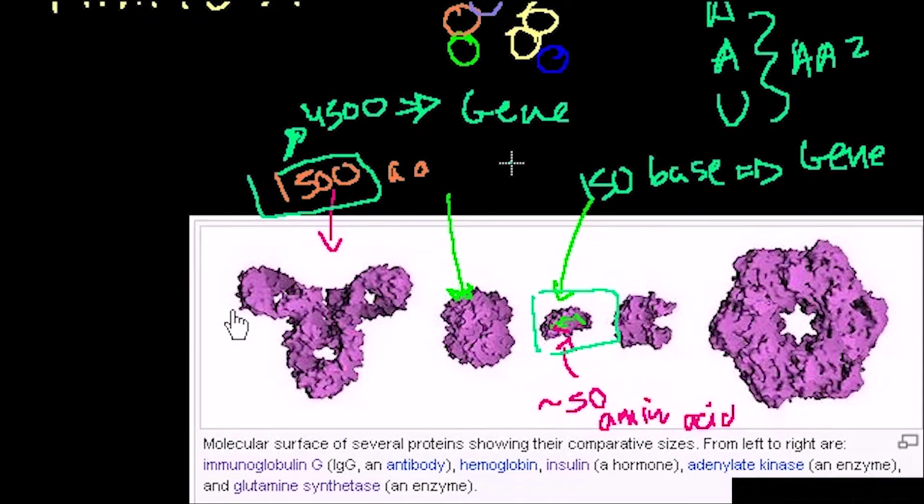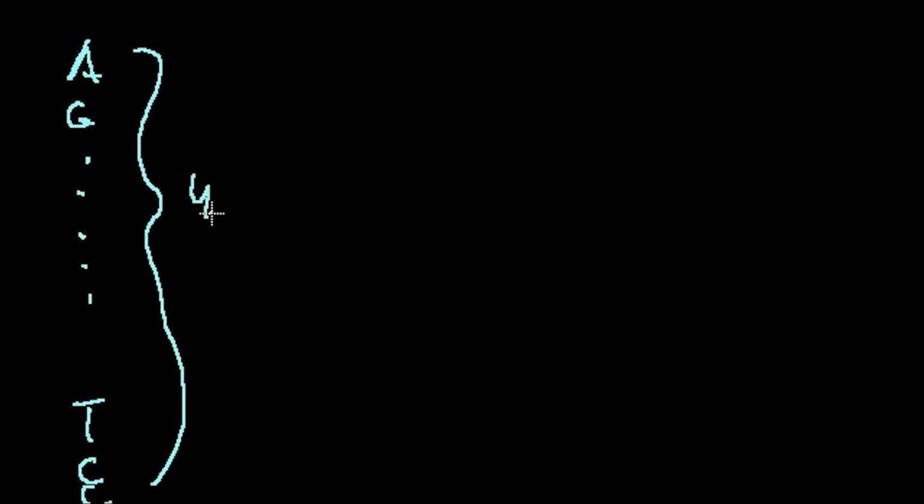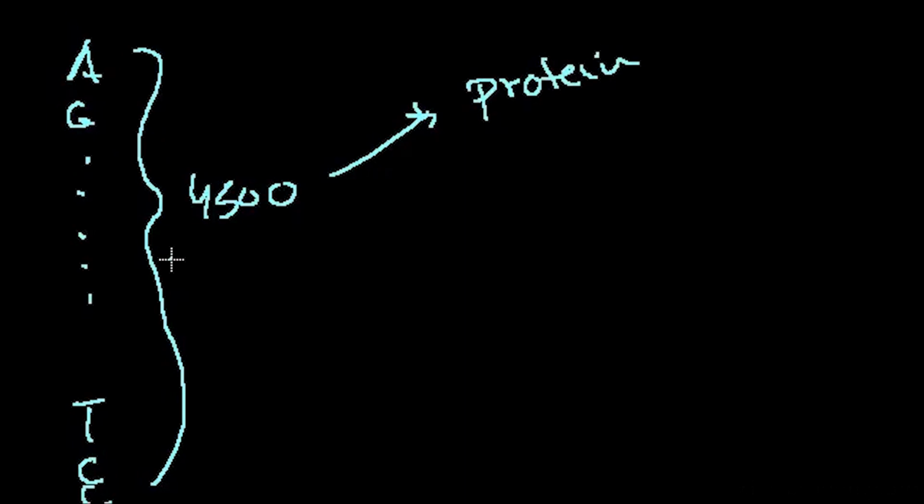Now, all of the genes don't make proteins, but all of the proteins are made by genes. So let's say I have just a bunch of A, G, and it goes down, and then you have a T, and then a C, and a C, and let's say I have 4,500 of these. These could code for a protein. Or they could have all of these other regulatory functions, telling what other parts of the DNA should and should not be coded, and how the DNA behaves.